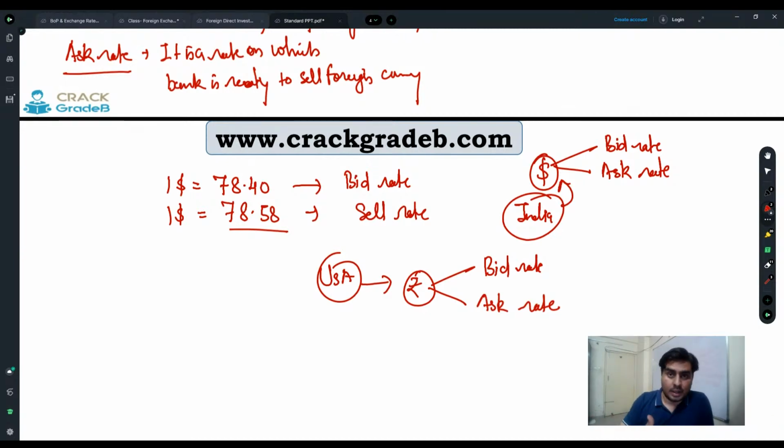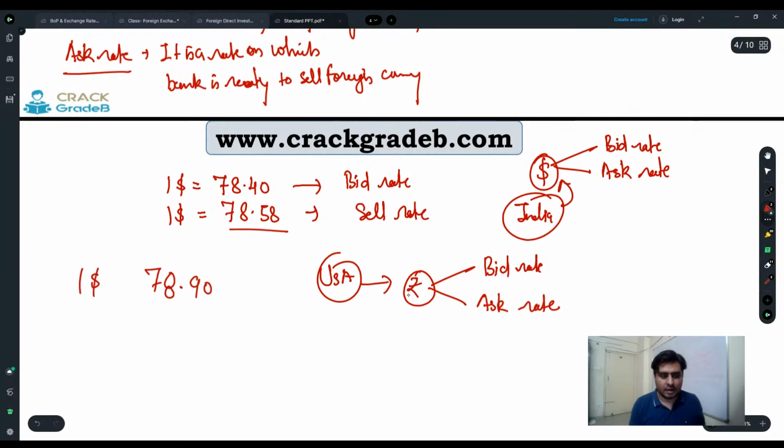If you come and ask me that you want to purchase, and I have purchased that currency at 78 rupees 90 paise per $1, this is the price at which I purchased it. I'm not going to offer the same price to you. I'm definitely going to offer a higher price, somewhere around, for example, 79 rupees 20 paise, 30 paise.